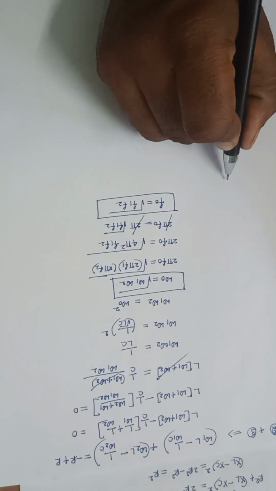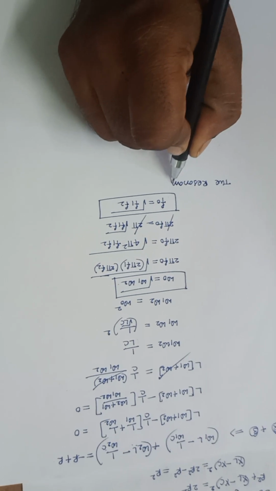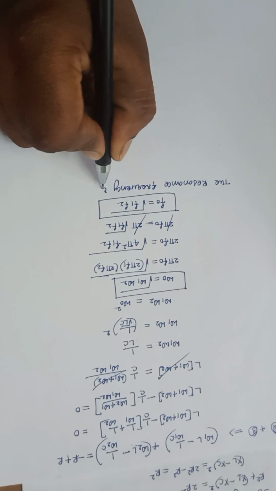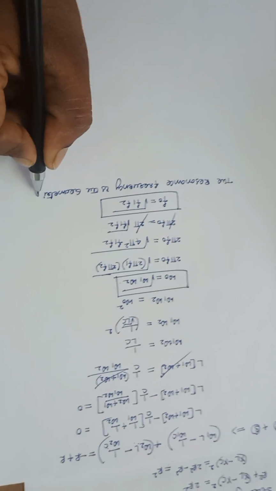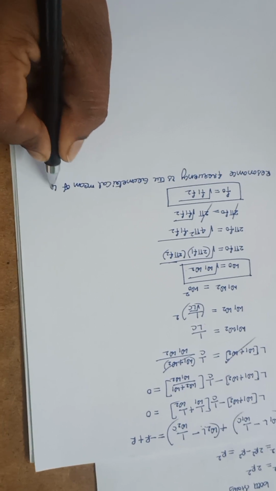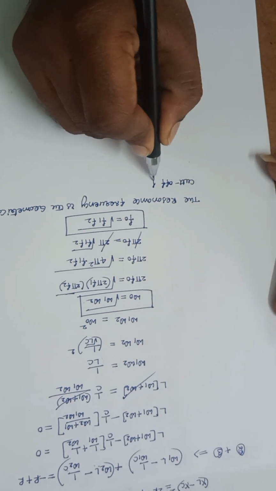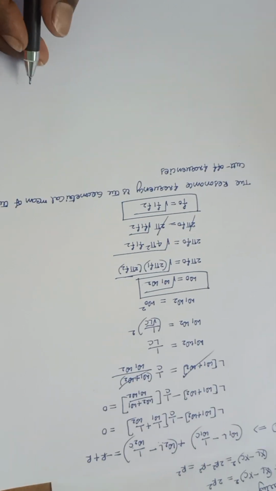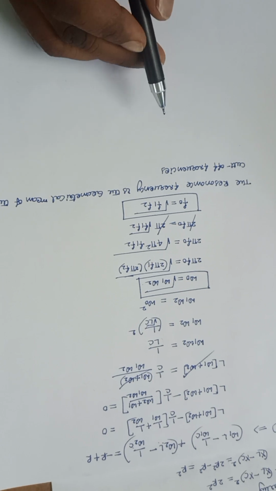So here the resonance frequency is the geometrical mean of the cutoff frequencies. This point you can understand here. So this is the geometrical mean of cutoff frequencies, and that is equal to the resonance frequency.